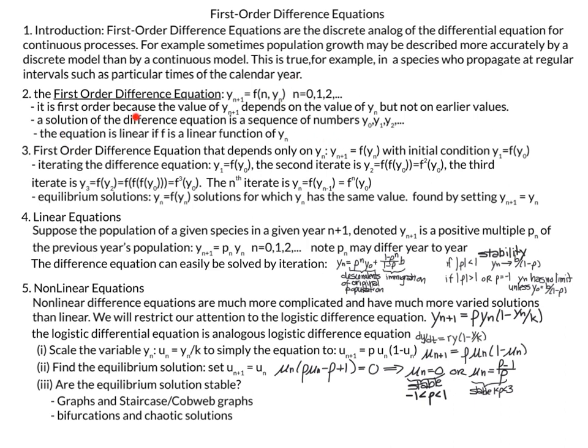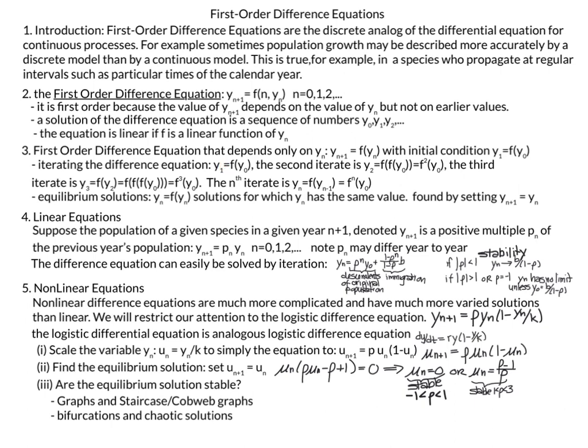We focused on first order difference equations that depend only on y_n, so we drop the n here. And we have y_{n+1} is equal to f of y_n, with initial condition y_1 is equal to f of y_0. Then to figure out what y_n is, we just did this iteratively.